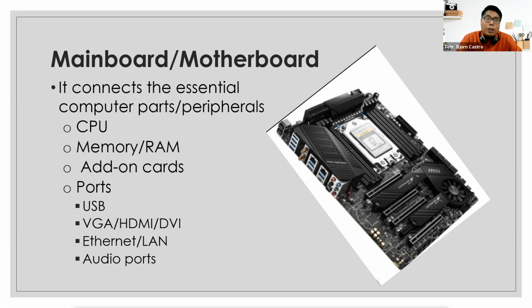And also, it is where the ports are connected. Some motherboards have built-in graphics and audio. So even if you don't buy any, you will notice there is already a VGA port or HDMI port in your motherboard.